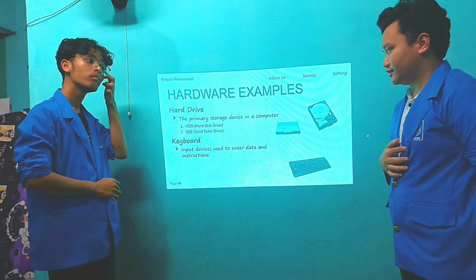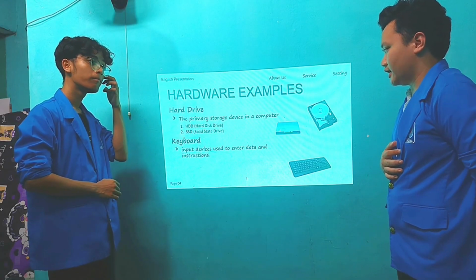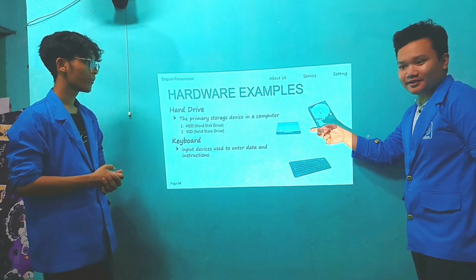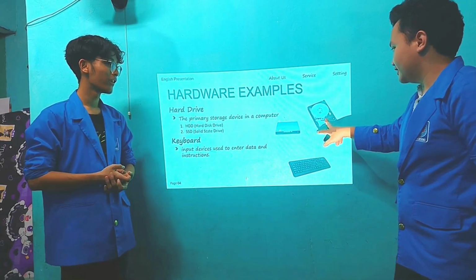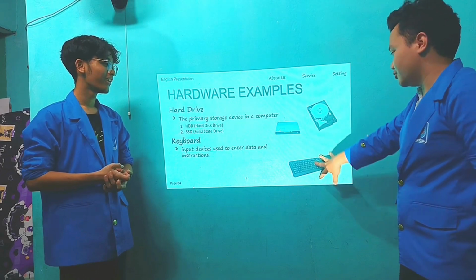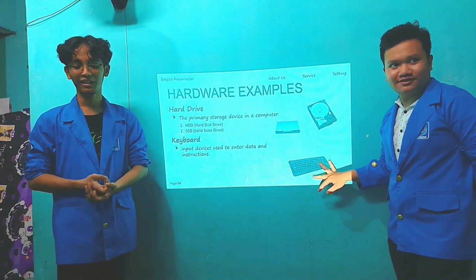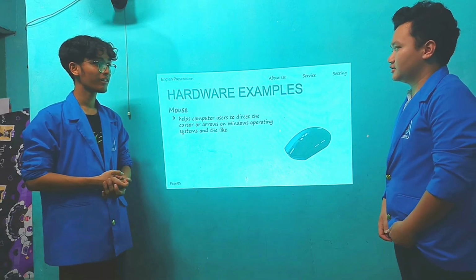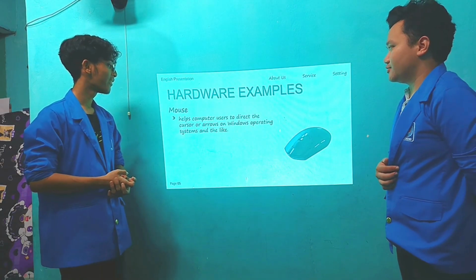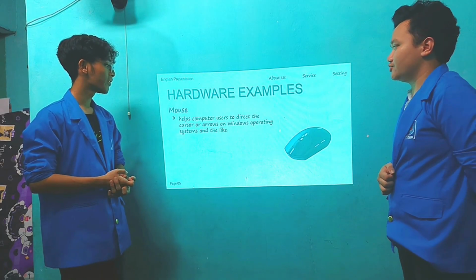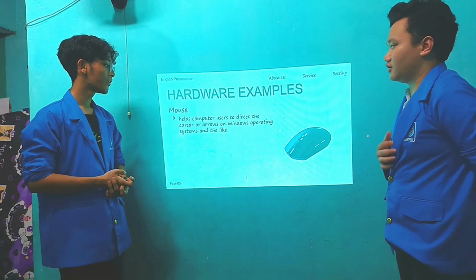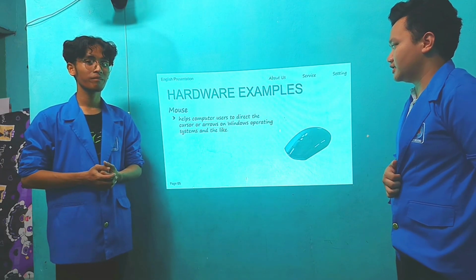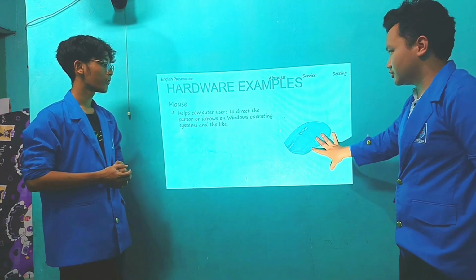Keyboard, an input device used to enter data and instructions. This is an SSD, this is an HDD, this is an SSD and a keyboard. Hardware example: mouse, a computer device used to direct the pointer on the Windows operating system and the like.